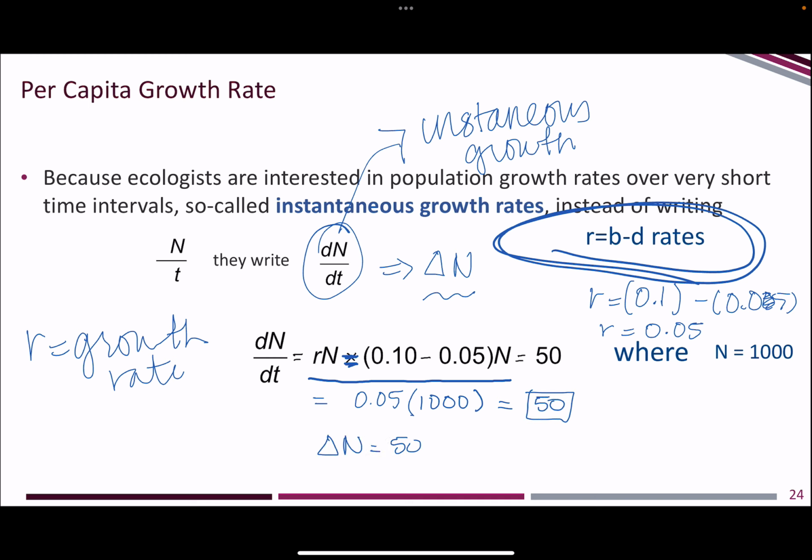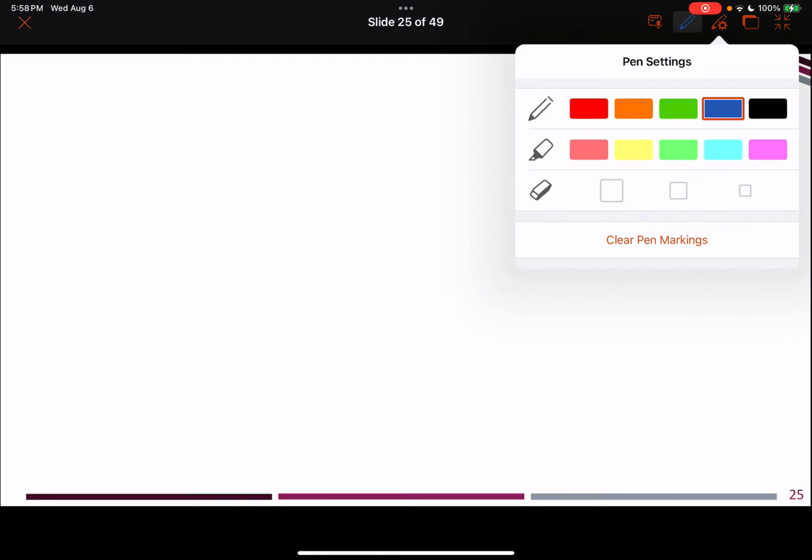So we've now done this 3 different ways depending on what information we're given. So for this population, we can do our change in population size based on the raw number of births and deaths.